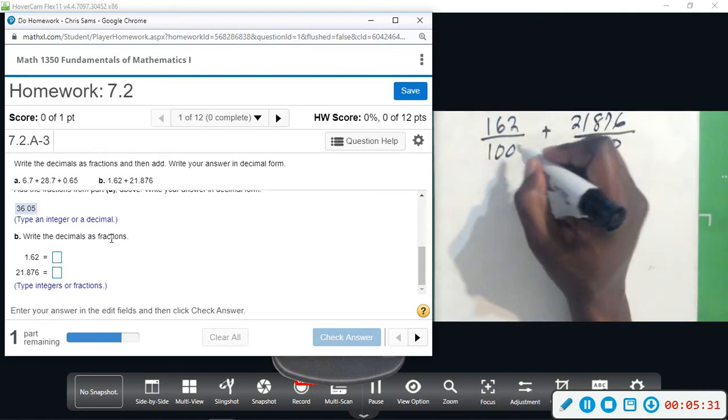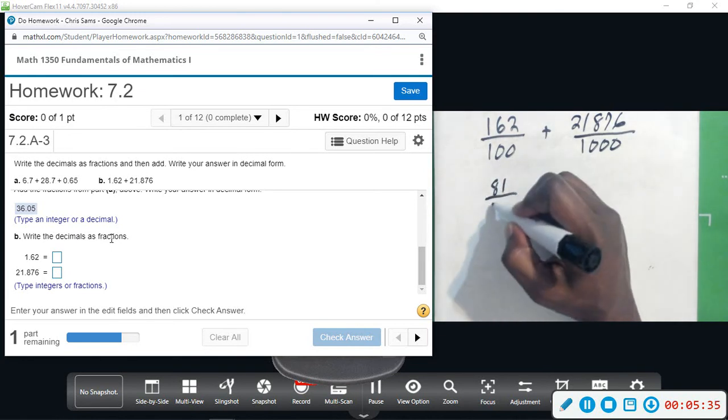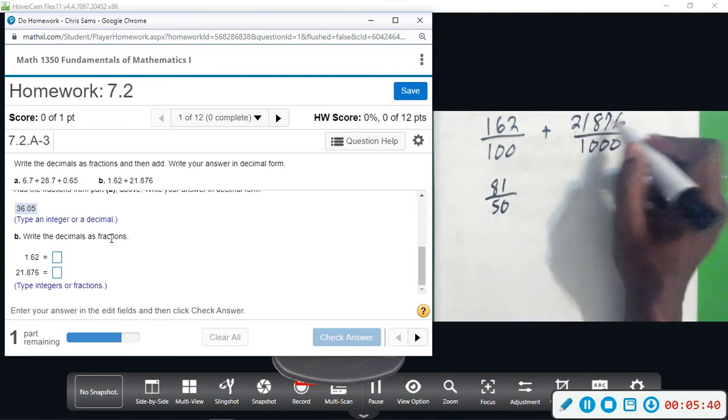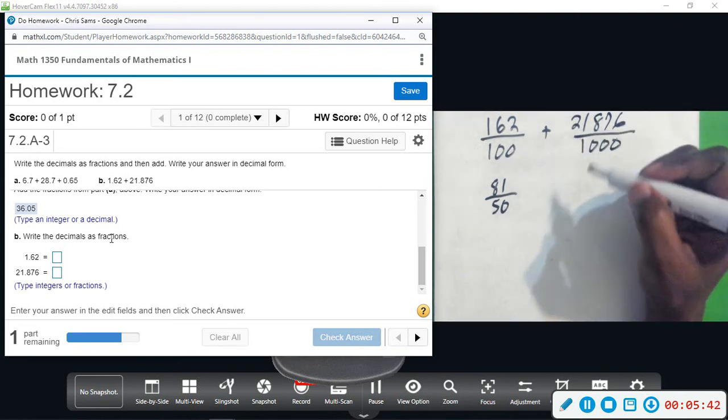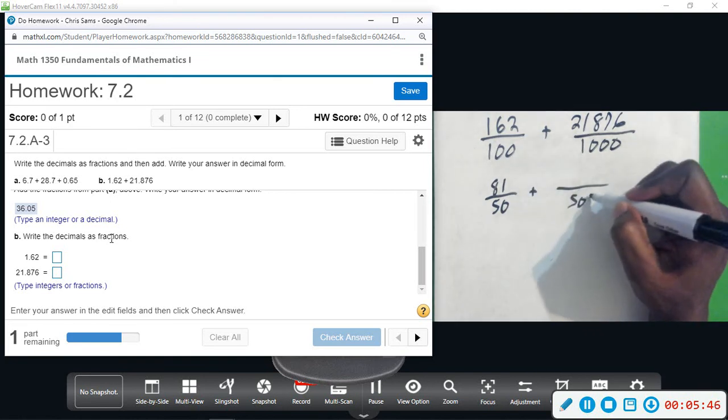So divide by 2, and that will give us 81 over 50. And divide by 2, this will give us something over 500.